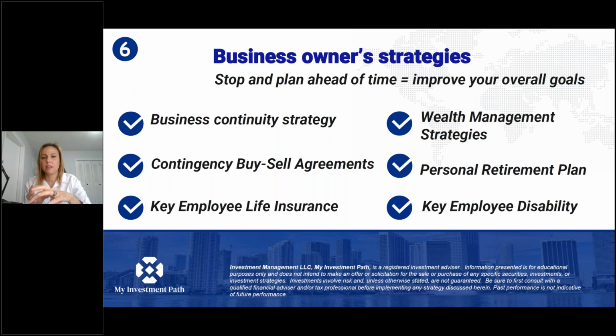All the premiums you pay go there, and then you have a bucket of money that you need to manage. So you have other strategies that you can implement. And then the business owner also has to think about your own personal retirement plan, because one of your assets in retirement is going to be your business.